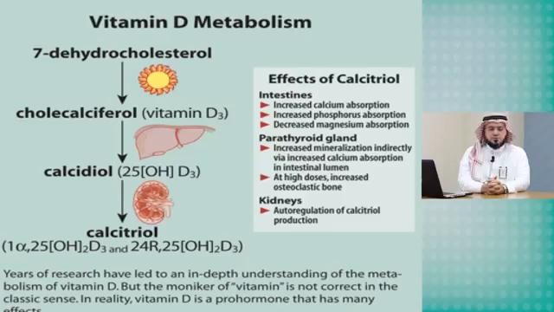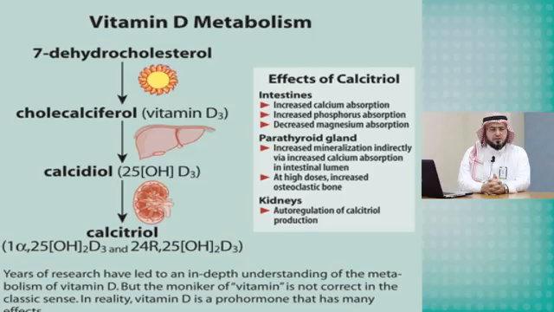Cholecalciferol has to go to the liver first of all to have the process of 25-hydroxylation, where we'll have 25-hydroxy vitamin D. Then this compound will go into the kidney, where it will have two types of hydroxylation: one alpha hydroxylation, and the other one is 24 alpha hydroxylation.